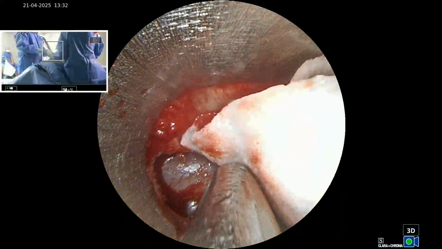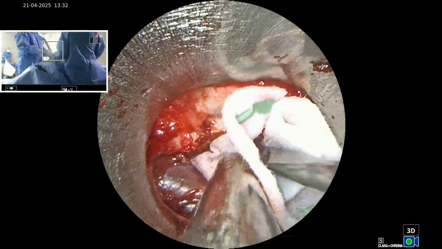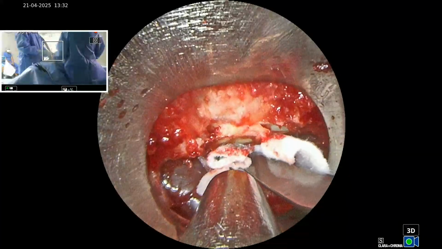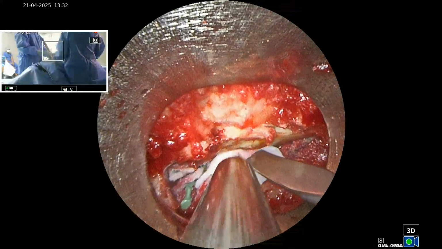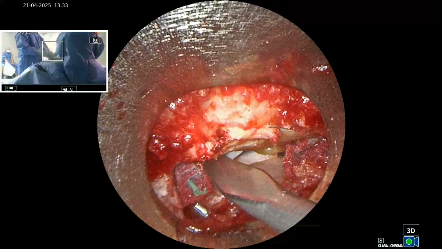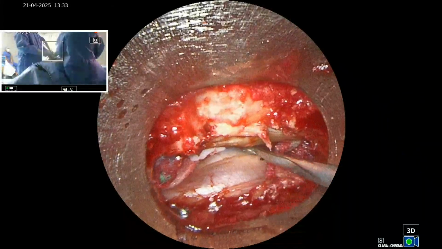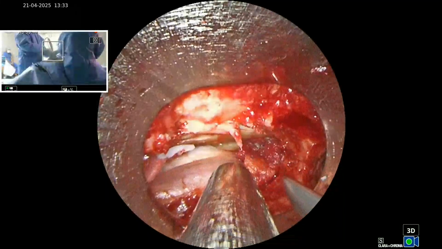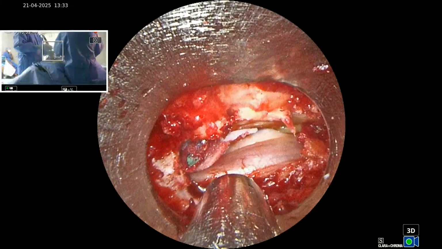You can see the pulsation very nicely, the dural pulsation, very tight canal. We are going to the opposite side now, the 45.